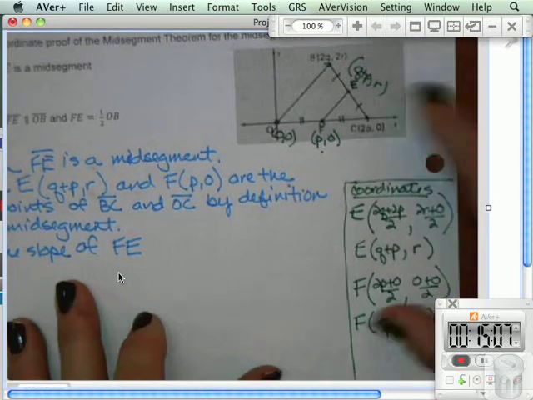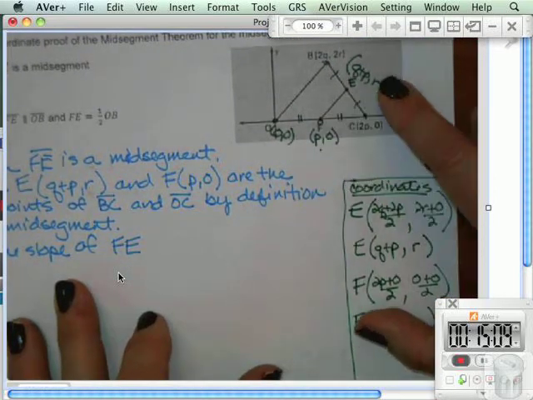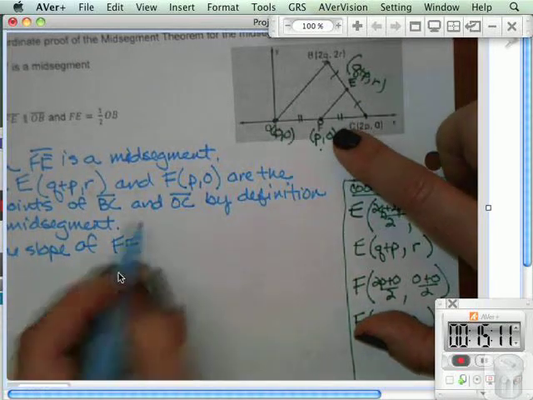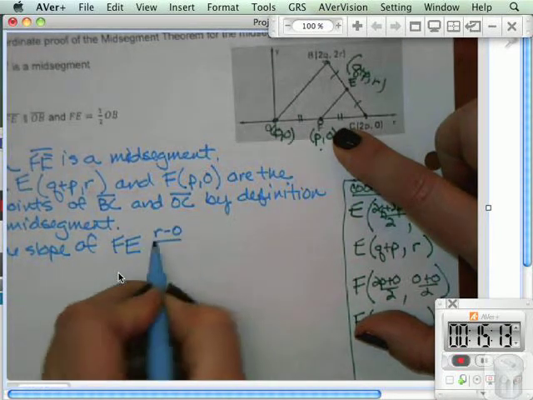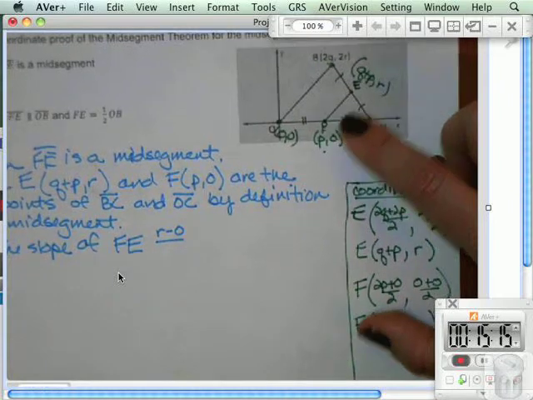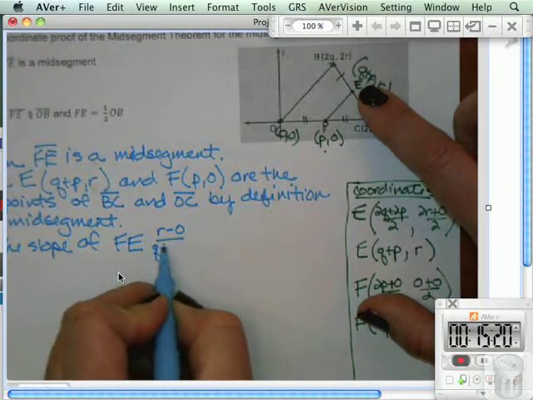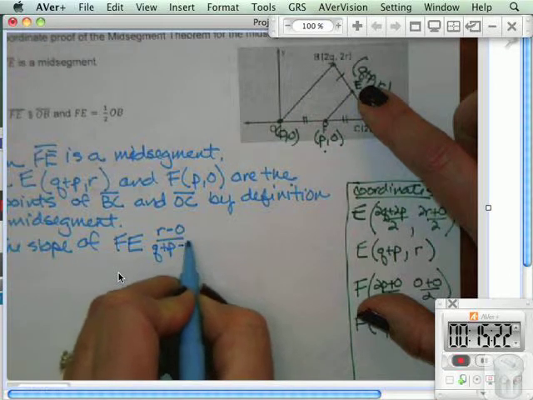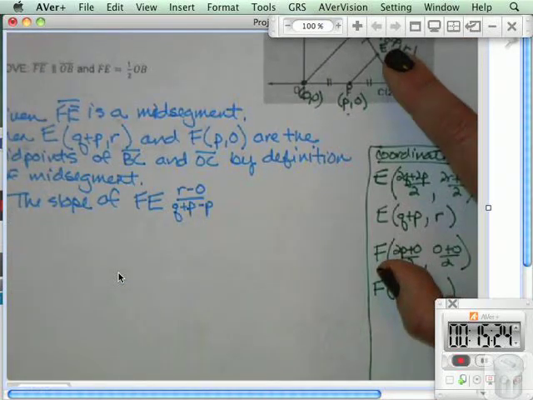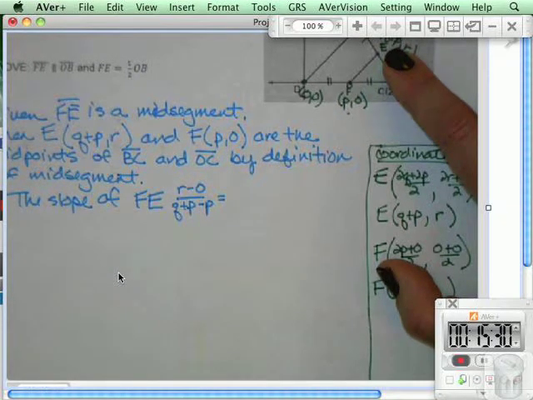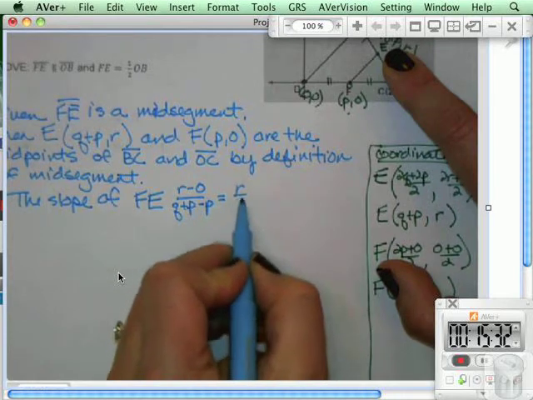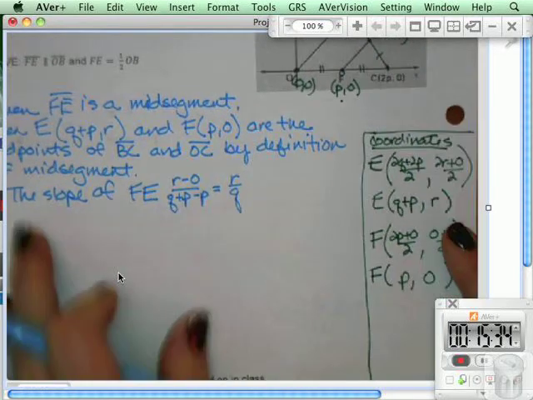The slope of FE, I'm going to subtract my y's, r minus 0, and subtract my x's, q plus p minus p. Which actually equals what when you simplify? Just r over q. Okay? So the slope of FE is r over q.